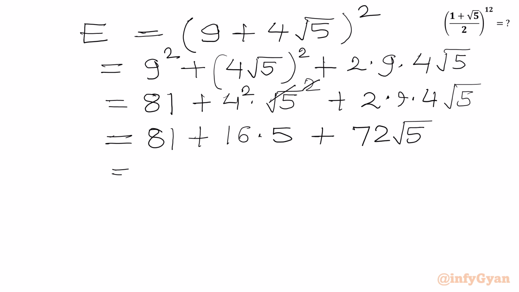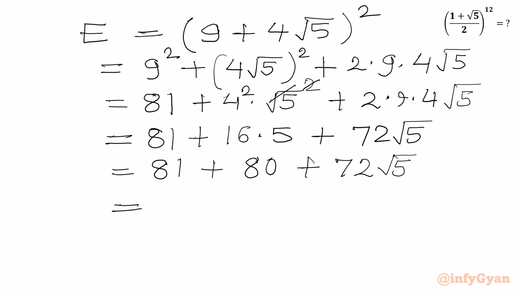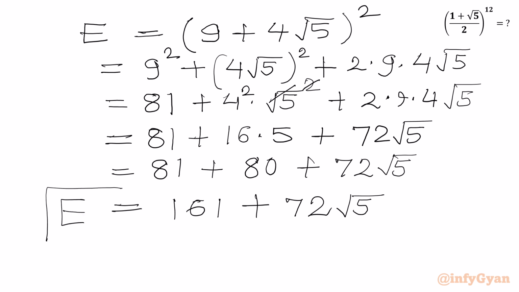Now I can write 81 plus 16 times 5 is 80, plus 72√5. 81 plus 80 is 161 + 72√5. So this is our final and required answer.